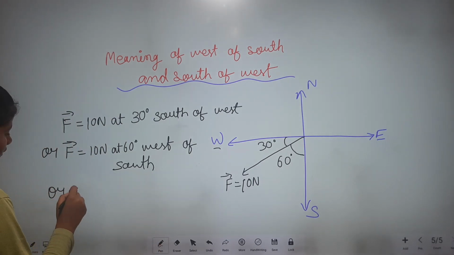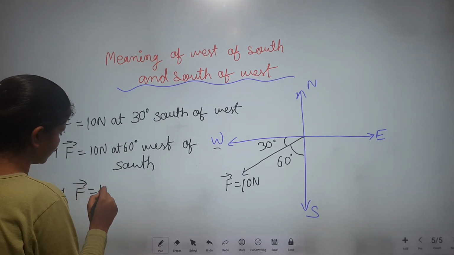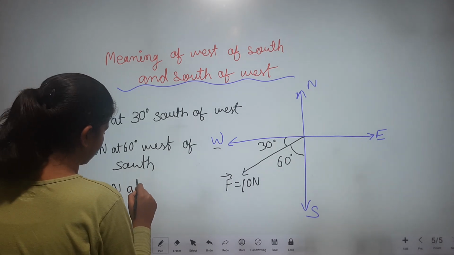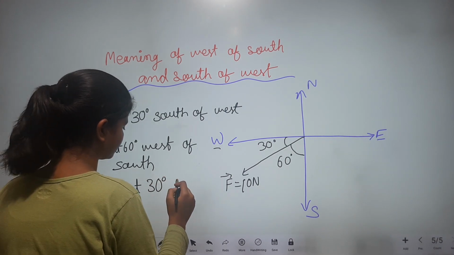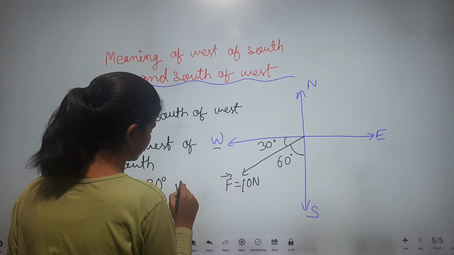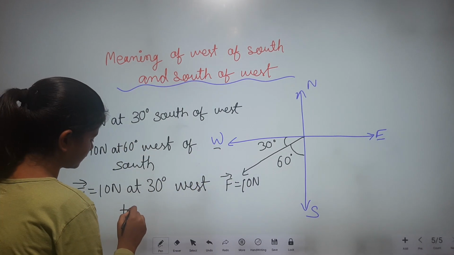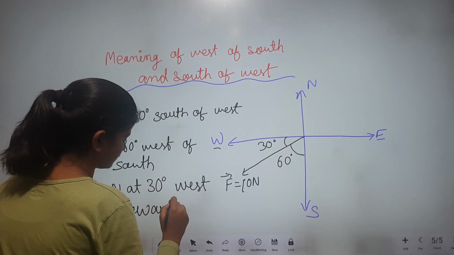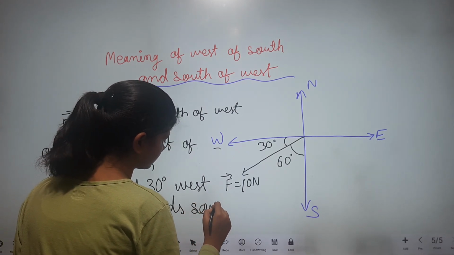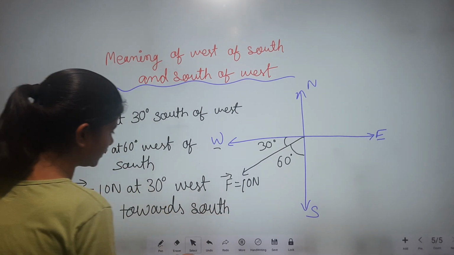Or you can also write like this: force is equal to 10 Newton at 30 degree west towards south. Clear?